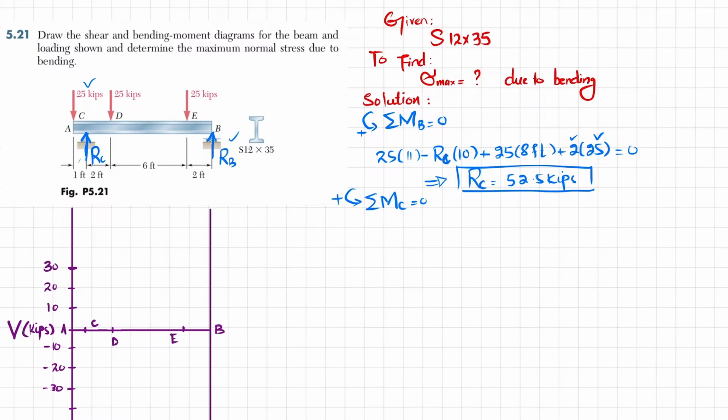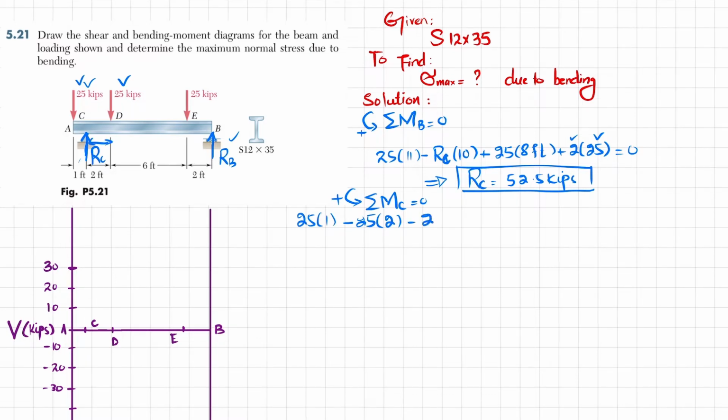So we will write 25 into perpendicular distance 1. Minus 25 into perpendicular distance 2.